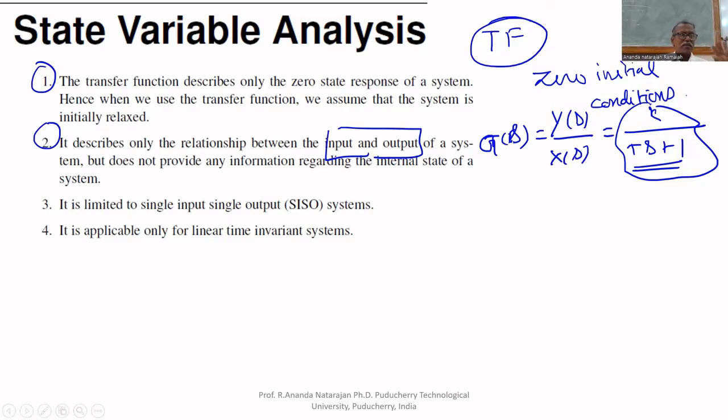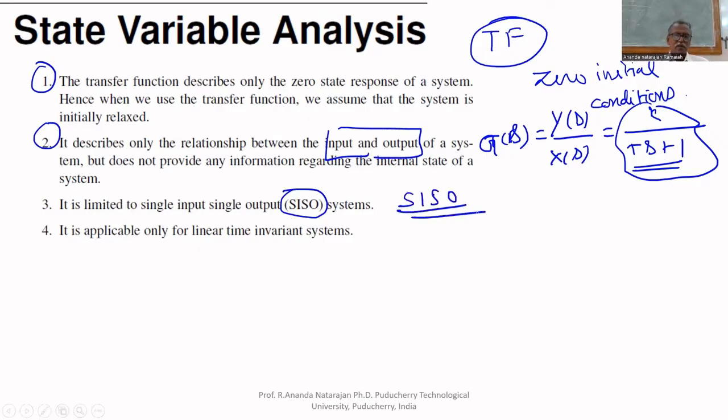But in a transfer function model, that is a SISO system, we are considering only output and input. In a car, we model speed versus acceleration input. We cannot consider other variables in the transfer function model. This transfer function is limited to a SISO system, single input, single output.